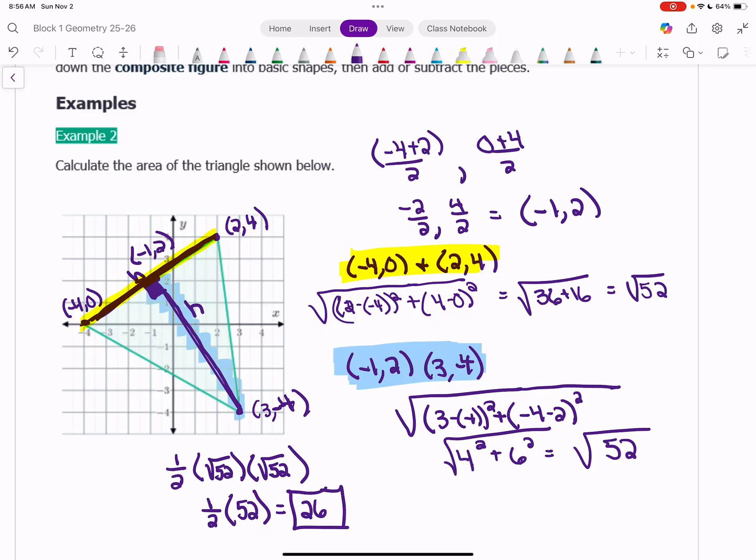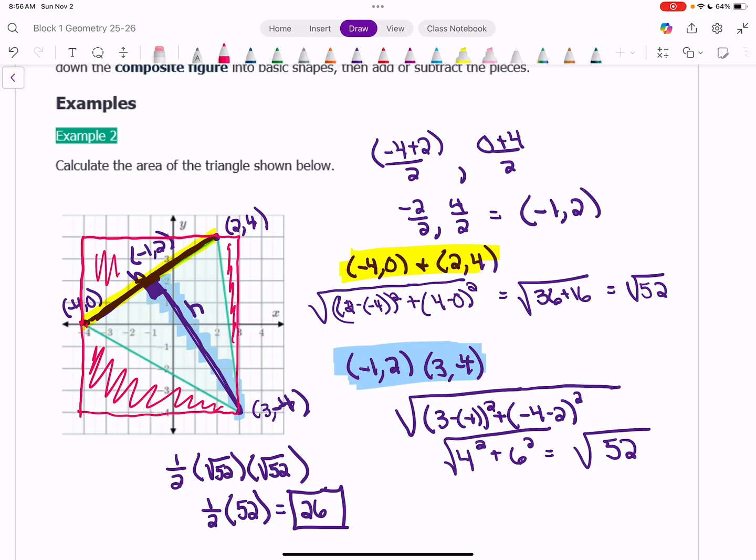Or if you have a better way to calculate the area of a triangle. Maybe you add some lines on the outside and find the area of this space, find the area of this space, and then find the area of this space, and the area of the whole thing, and you could subtract those, and you'd have what's left.